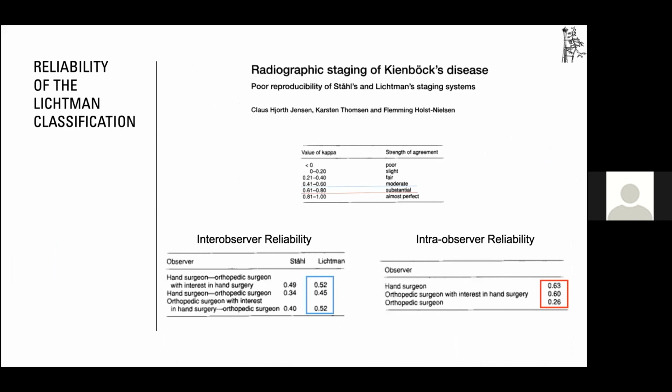In examining the reliability of the Lichtman classification, Jensen et al. found that there was a high degree of intra-observer reliability in hand surgeons and orthopedic surgeons with interest in hand surgery, but that inter-observer reliability was only moderate. They found that the greatest discrepancy arose in determining whether a patient was in 3A or 3B.